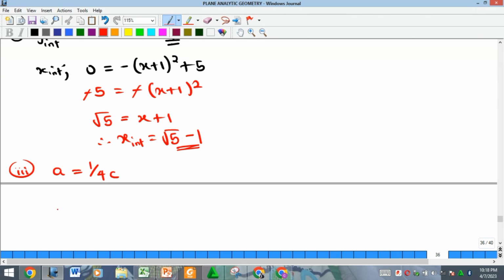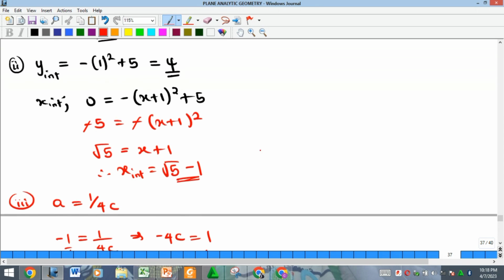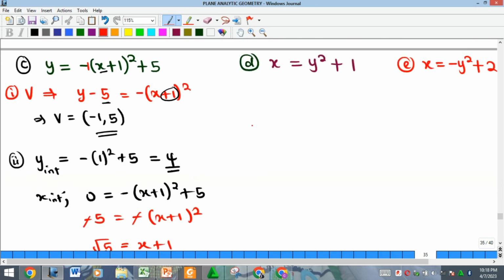So if we put that here, we have negative 1 is equal to 1 all over 4c. Hence, if we cross multiply, we will have that negative 4c is equal to 1. Therefore, our c alone is negative 1 all over 4. So that has given us all that is required.